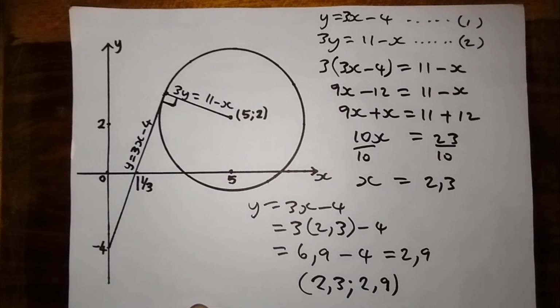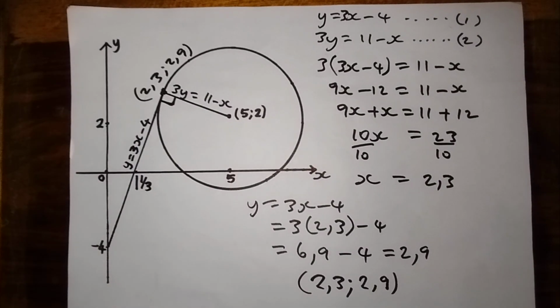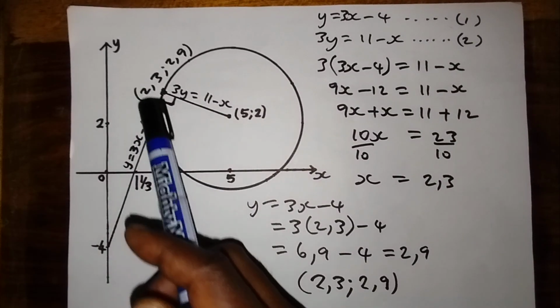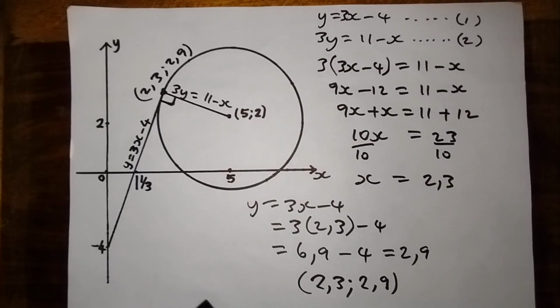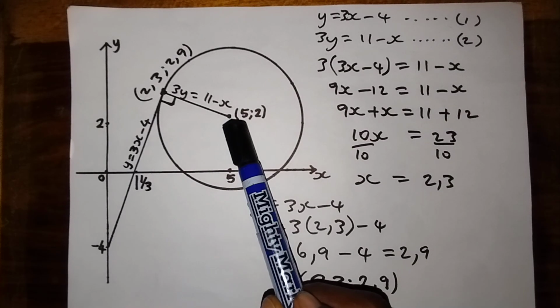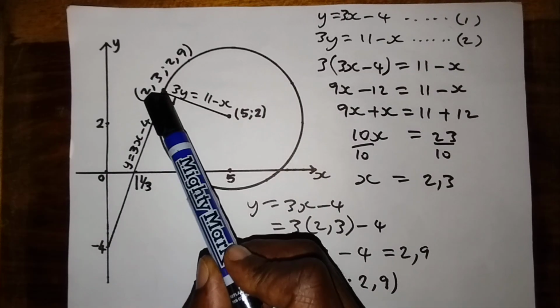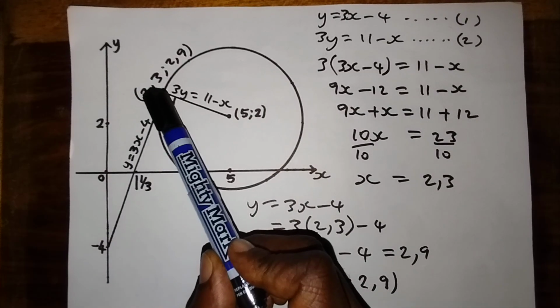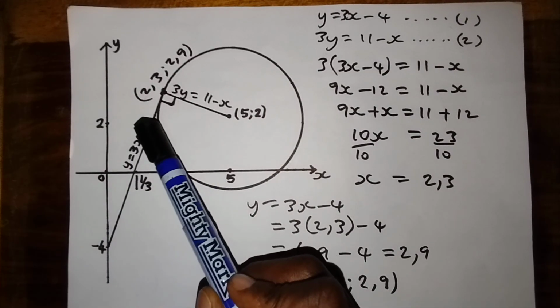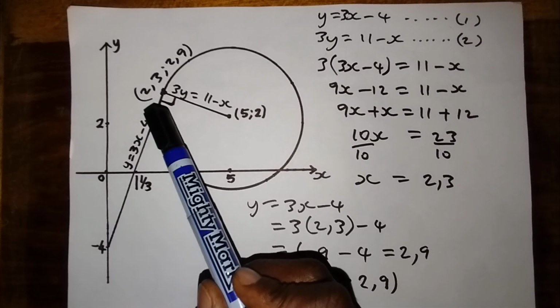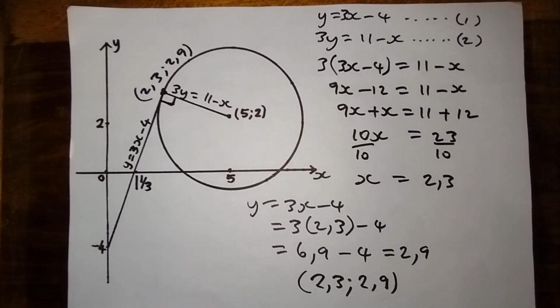Remember we want to find the length of the radius, which is this one. Now our radius passes through 2 points: this one is the center (5, 2), and this one is on the circumference, which is (2.3, 2.9). So now it's easy for us to find the length of the radius using the following formula.